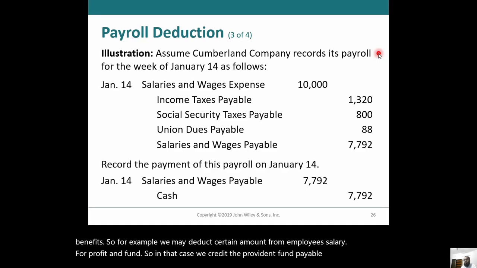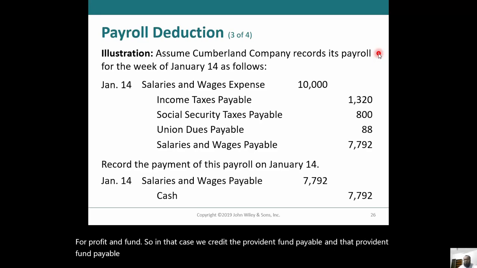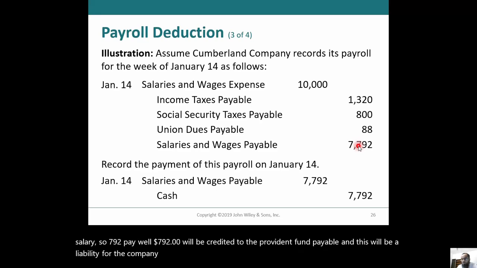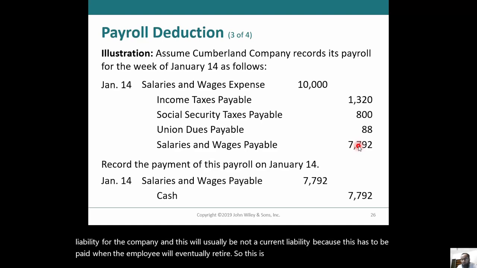Assume that $792 over here is further withheld from the employee's salary. So $792 will be credited to the provident fund payable, and this will be a liability for the company. It will usually not be a current liability because it has to be paid when the employee eventually retires, so it is usually known as a deferred liability. And the salaries and wages payable will become 7,000.